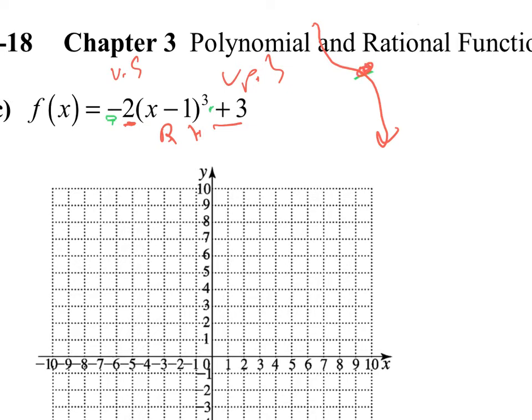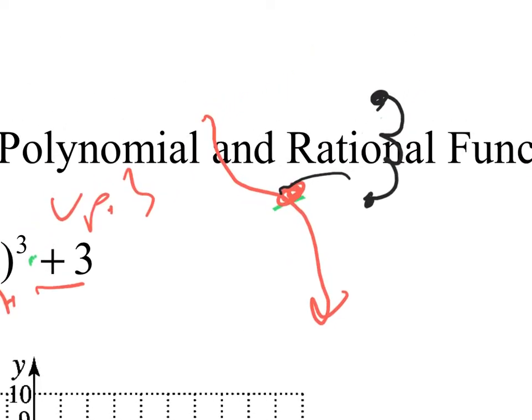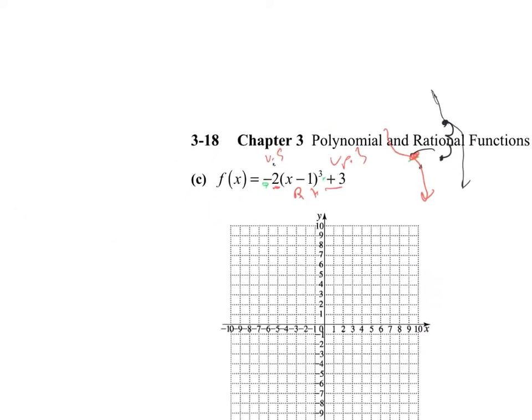It's going to go to the right 1, and it's going to go up 3, up here. And it's a vertical stretch, which means it's going to be skinnier than what I'm looking at. So how can I make it skinnier? I'll go like that and like that. It's kind of hard. It should be skinnier than that. But let's see how it looks.